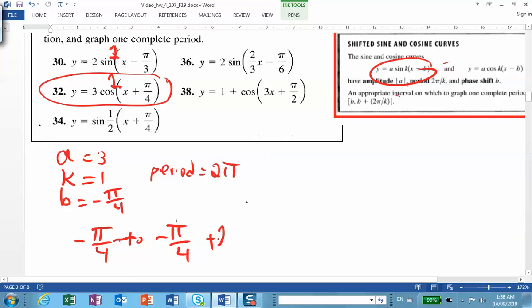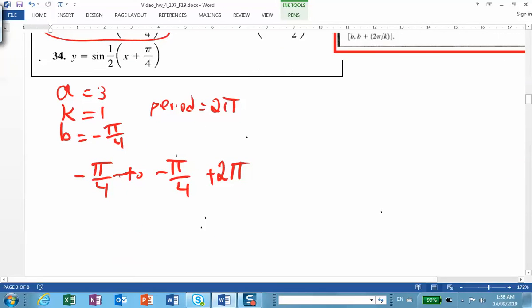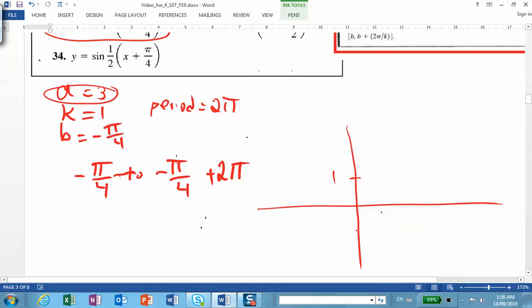Okay, so let's try to do a good job here. Let me draw my axis. First, I'm going to ignore this amplitude. Pretend the amplitude is 1. So this goes from 1 to minus 1. So we start at minus pi over 4. So let's see now.